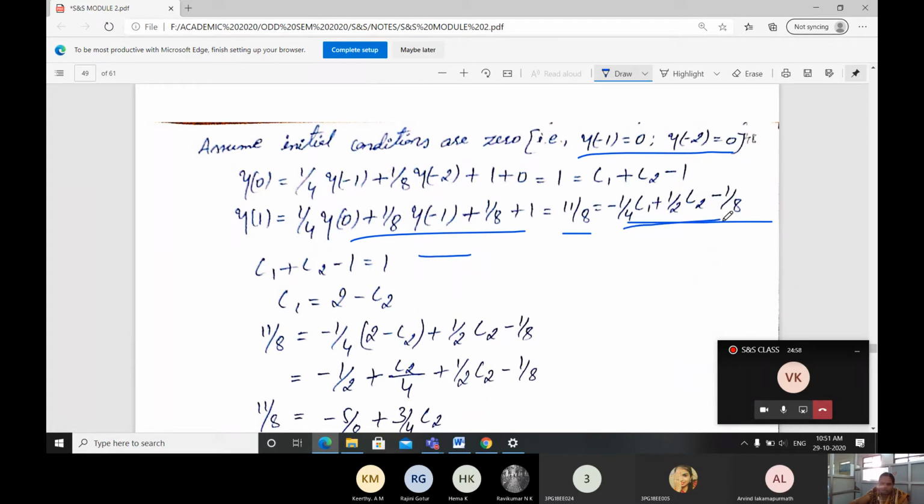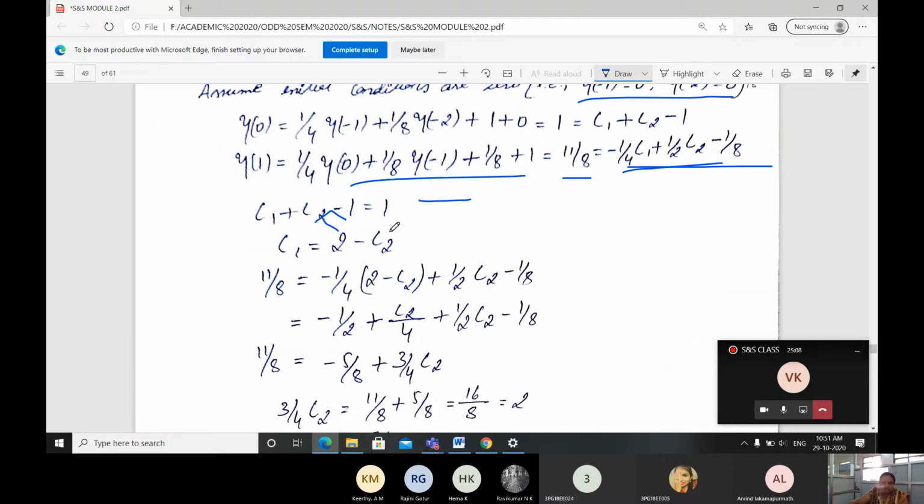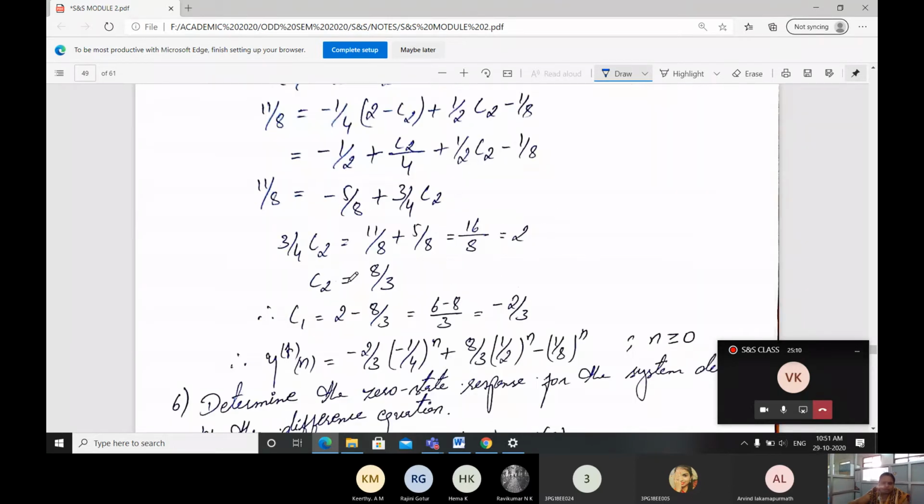Then substitute this c1 in the equation, solve for this, then get your c1 and c2. After solving this, you will get c2 as 8/3 and c1 as minus 2/3.